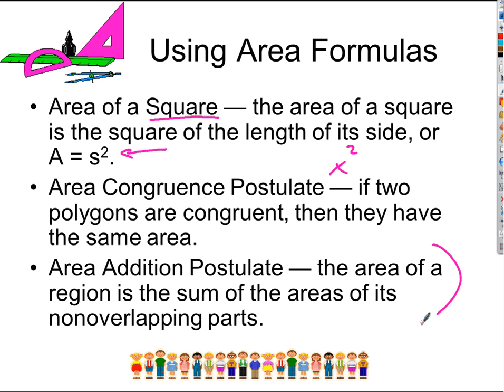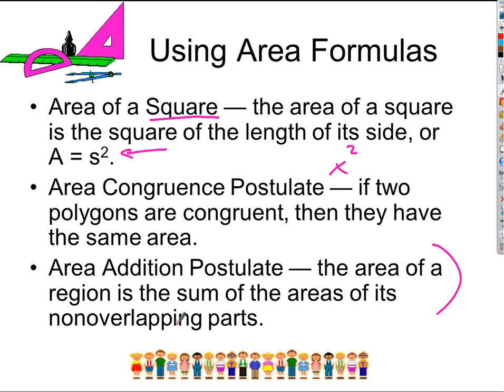And then we can take those one at a time and add them up. We can do that with areas even more easily. The area of a region is just the sum of the areas of its non-overlapping parts. It doesn't say anything about how we choose to arrange those. I could take a shape and cut it and rearrange it, and as long as the pieces don't overlap, has the area changed?